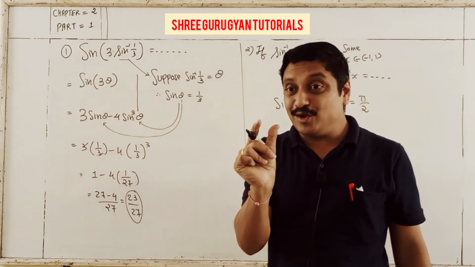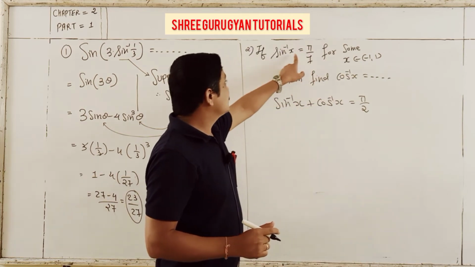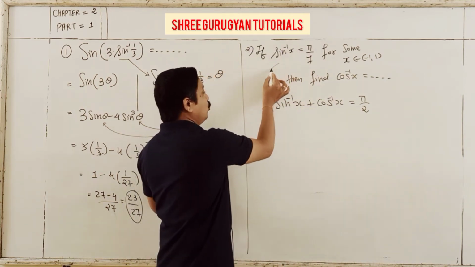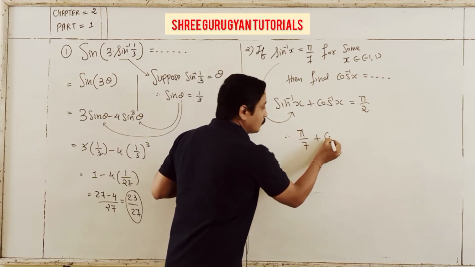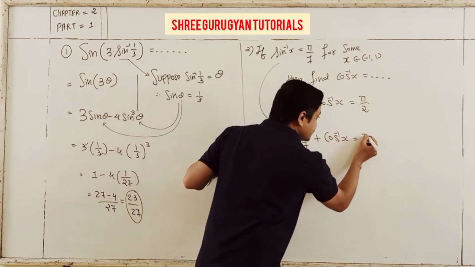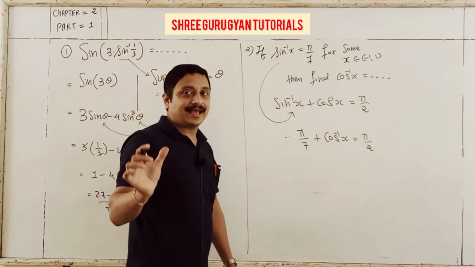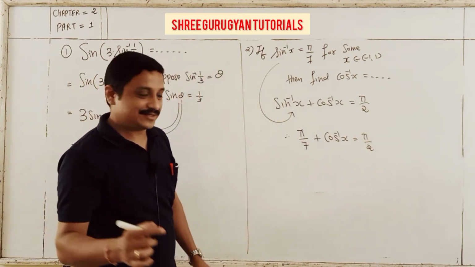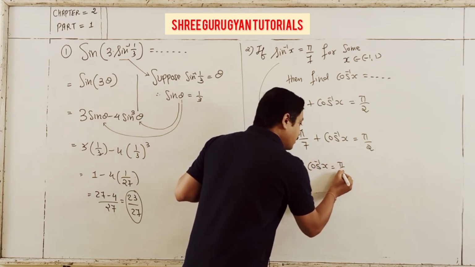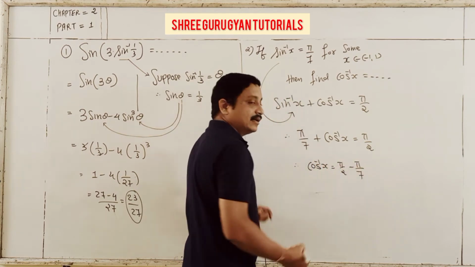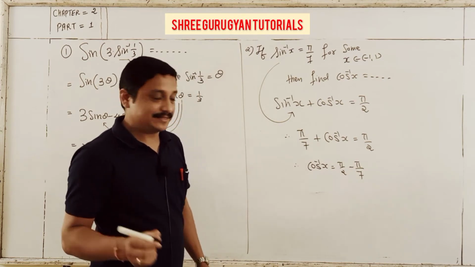And one value I know, that sine inverse x is pi/7, you put down here. So pi/7, the other as it is, and calculate the value of cos inverse x. So cos inverse x will be pi/2 minus pi/7, and take out LCM.